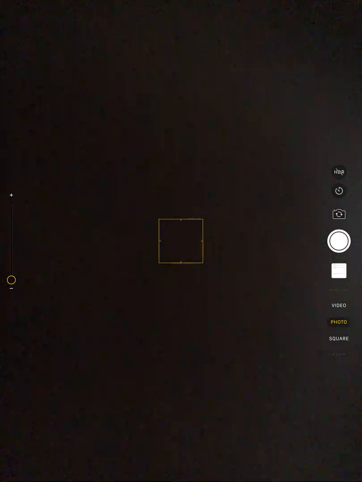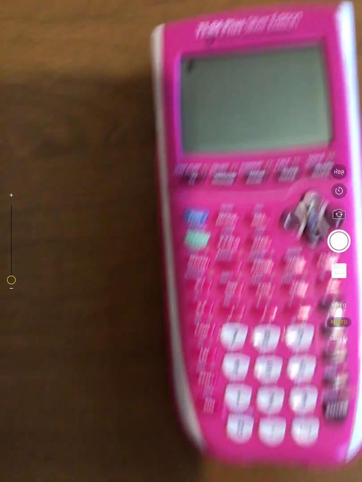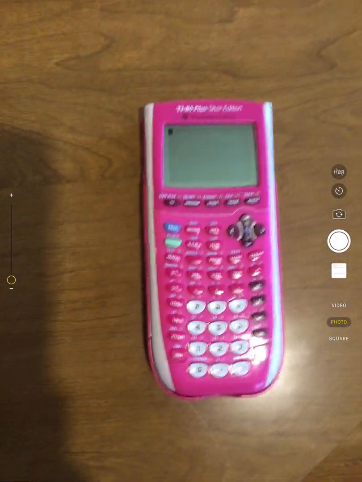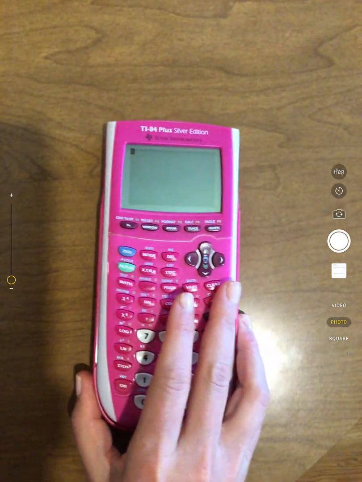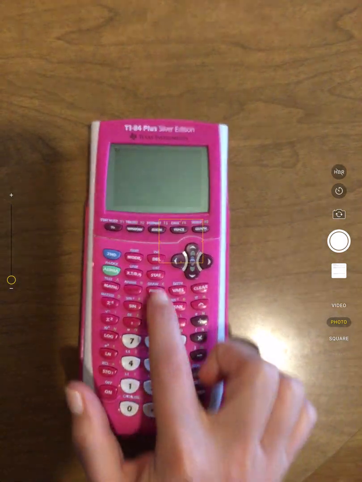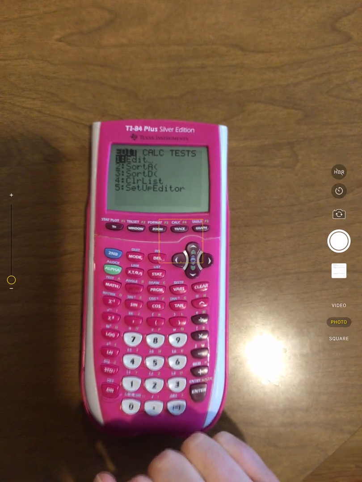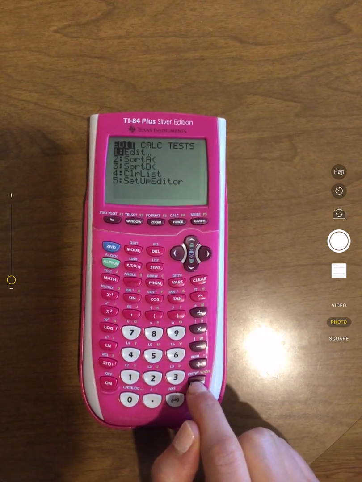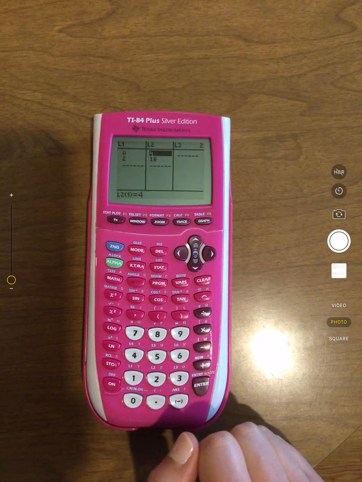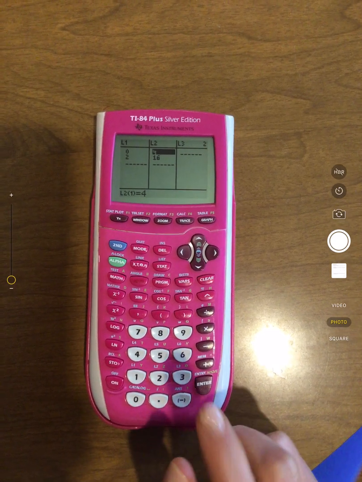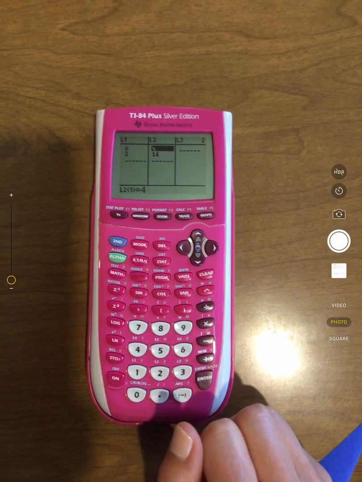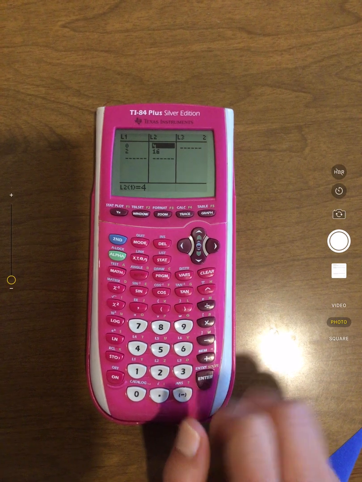All right, so here's my calculator. You're going to hit the stat button. Then we're going to hit enter because we want to edit our lists. If you have something in your list, it's very important that you clear those out.